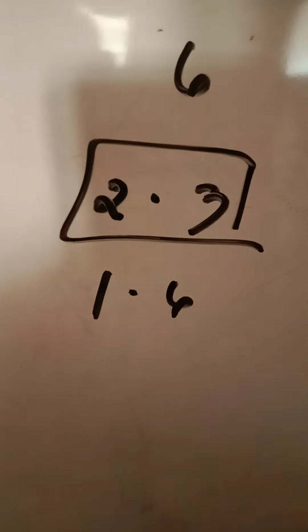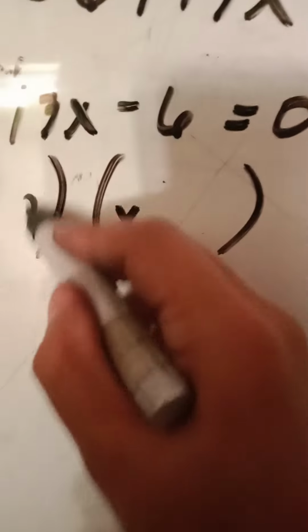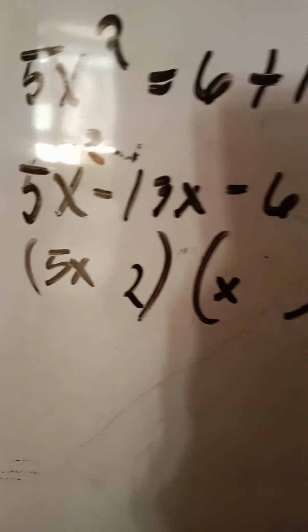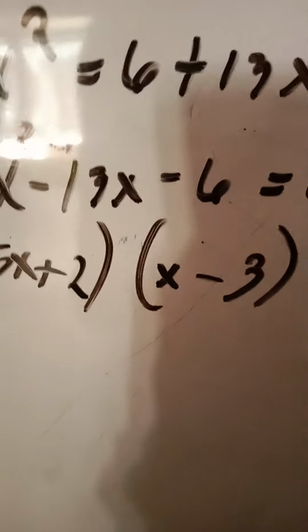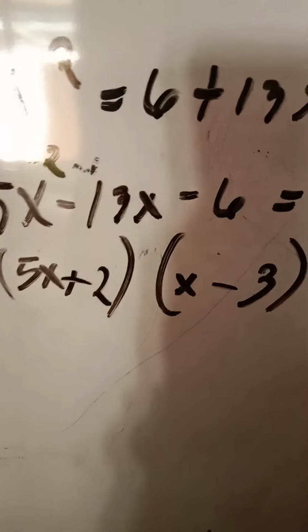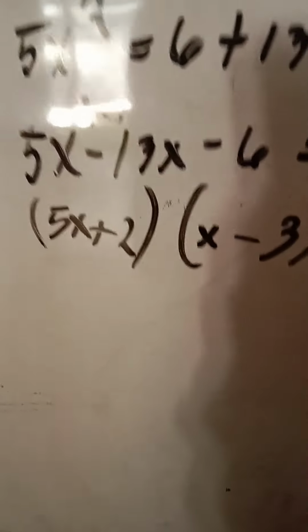You have to choose the factors 2 and 3. So the signs are positive and negative. So 5x plus 2 times x minus 3 is equal to 0.